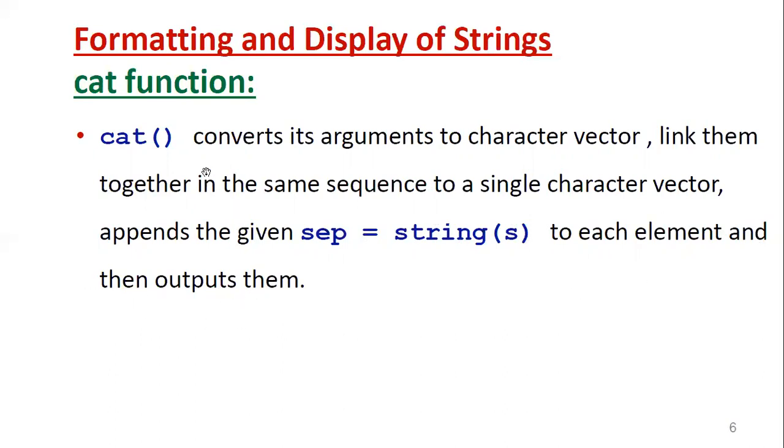So the cat function converts its arguments to a character vector and links them together in the same sequence, combines the given separator with each element, and then outputs them.